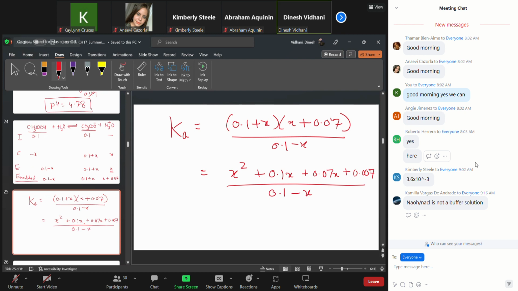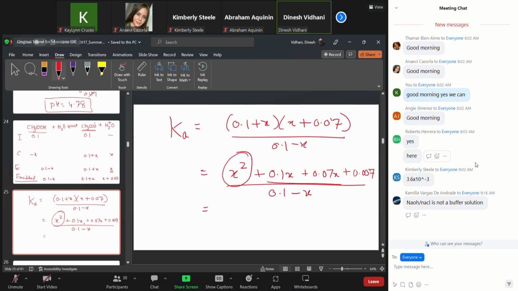Now, can we make some assumptions over here? The way we did it earlier, we are going to make the same assumptions. X squared is too small. We can ignore it.